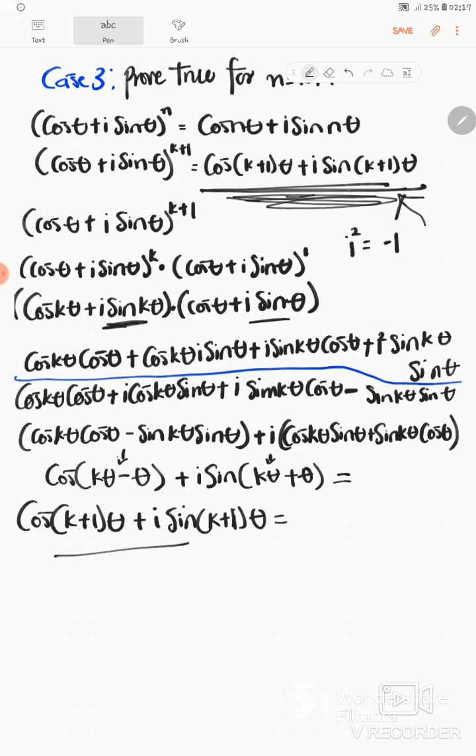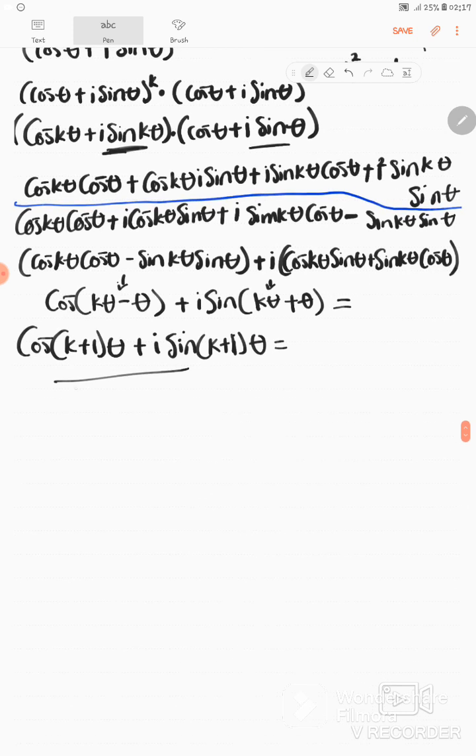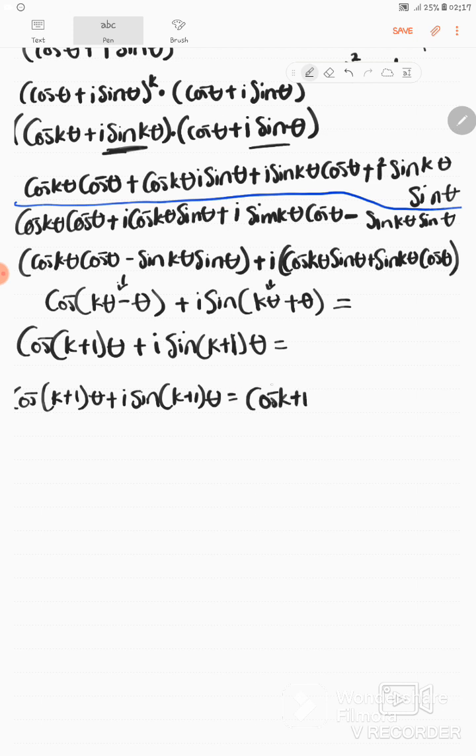Now as you can see, this is equal to this. Now let's write our final answer out: cos k plus 1 theta plus i sine k plus 1 theta is equal to cos k plus 1 theta plus i sine k plus 1 theta.